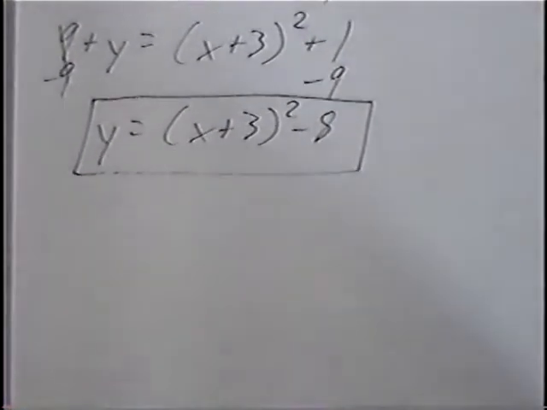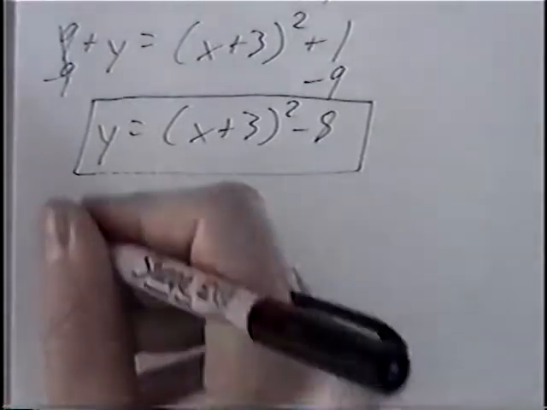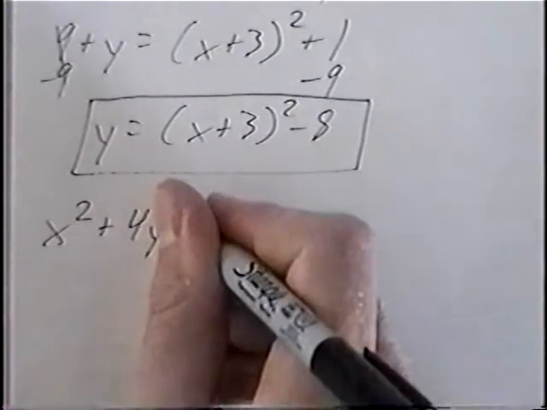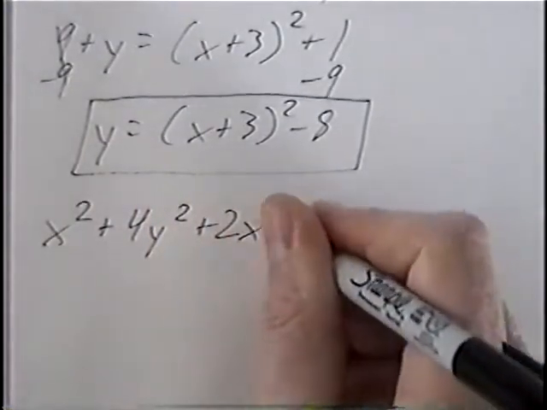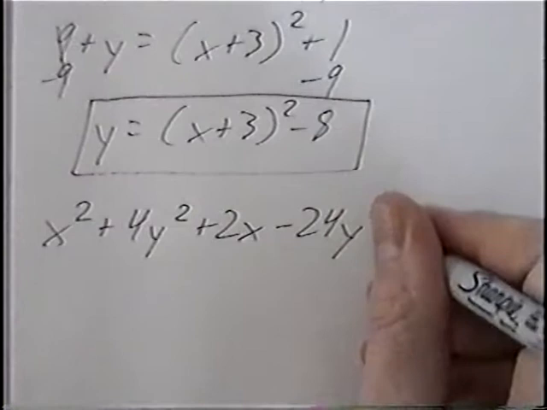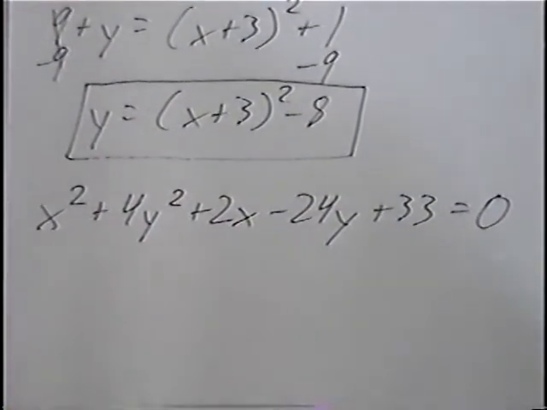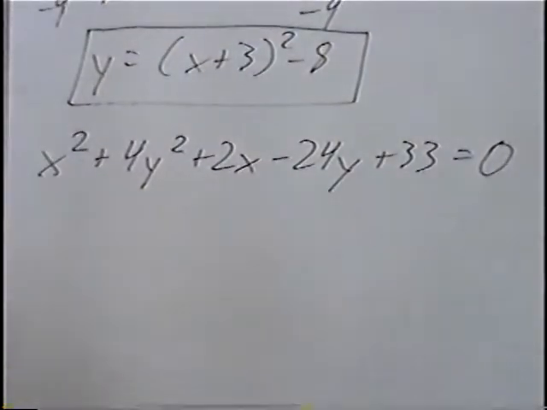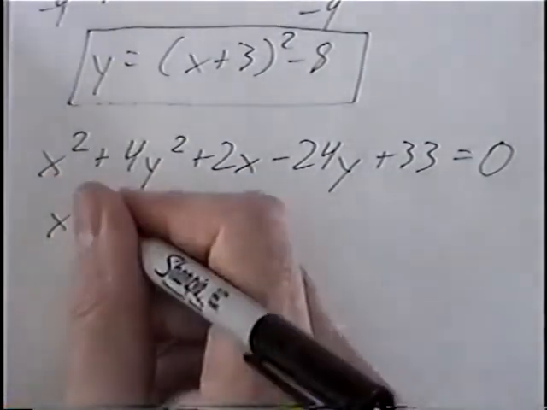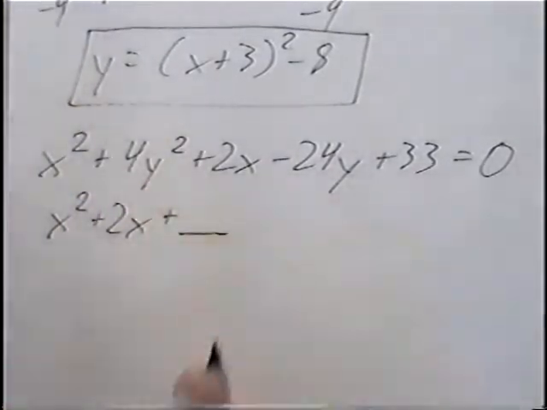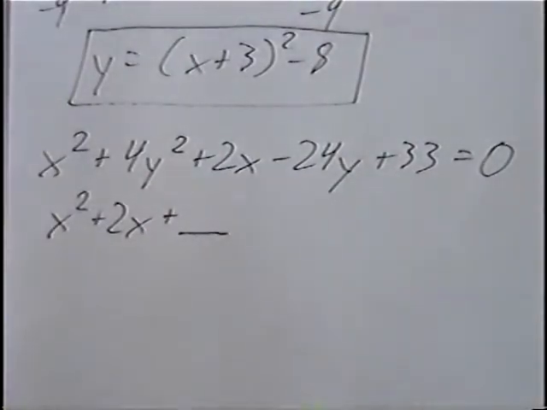Second question, and last question for this section, is x squared plus 4y squared plus 2x minus 24y plus 33 equals 0. To factor this one again, we want to complete the square. X squared would come down, and we want to bring the x's next to it so we can factor the x's together. And when we complete the square, we'll add a number in just a minute so we can factor that.